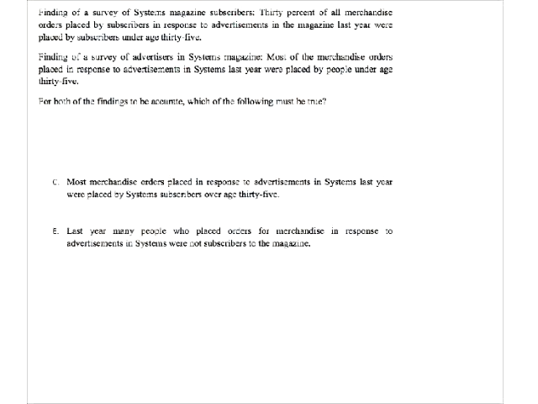Like, the point here is the contrast between this figure and this one. So let's take a look at that. 30% is less than half. A minority of subscribers' orders were placed by the under 35 set.